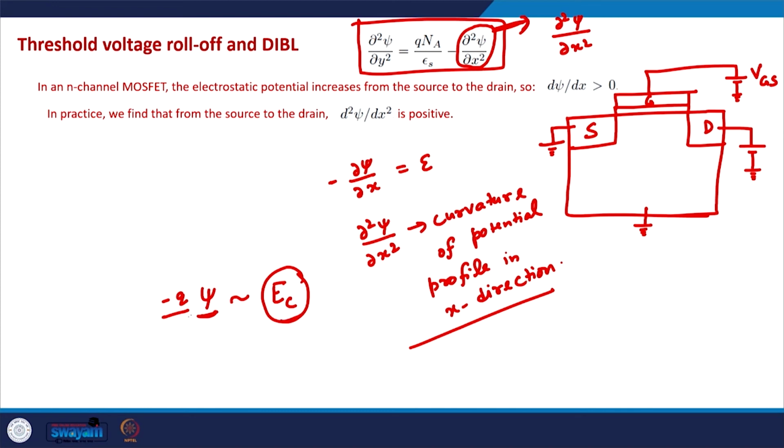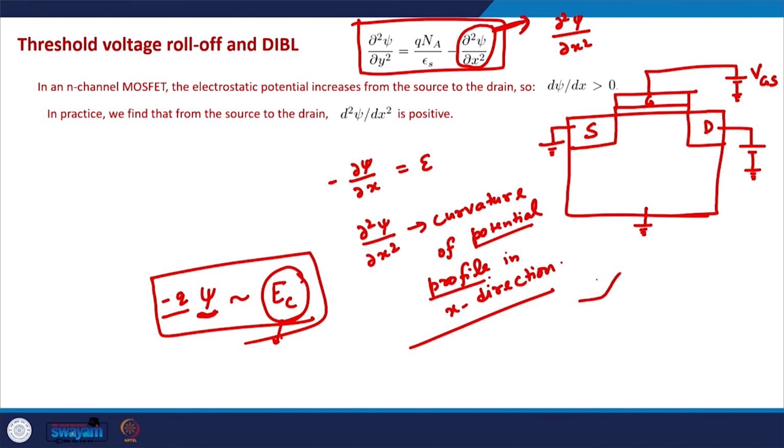So this Ec and psi have a negative relationship. So in order to understand the curvature of the potential profile, we will see the curvature of the bands in the semiconductor. And we are familiar with the bands because we have seen them many times now.